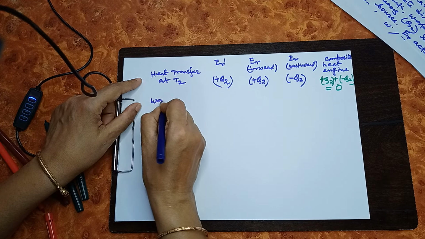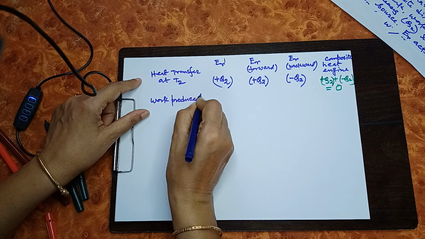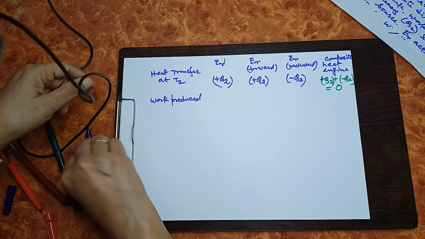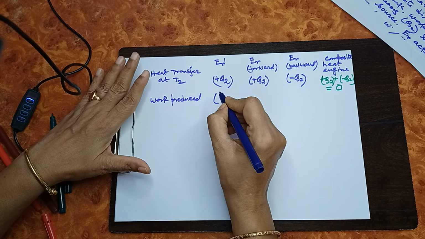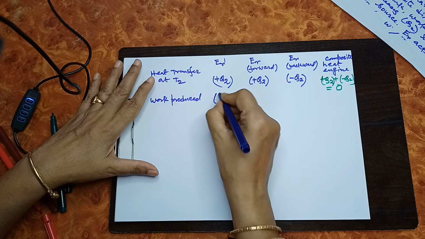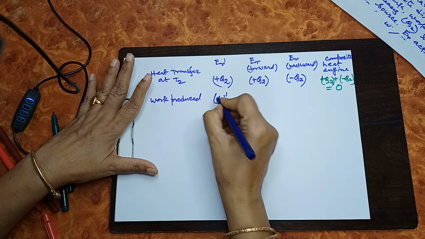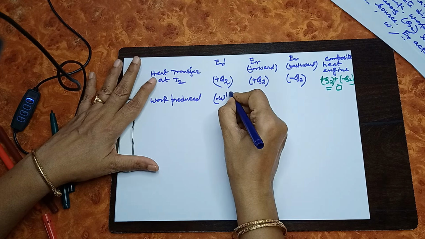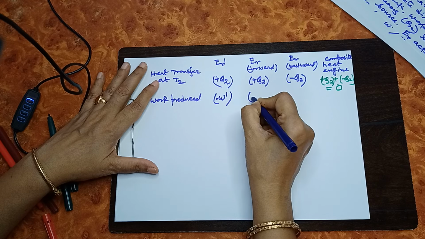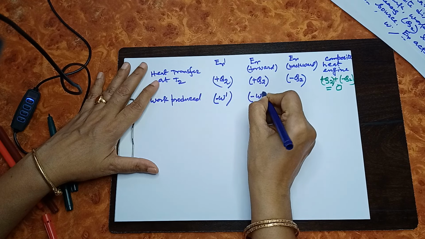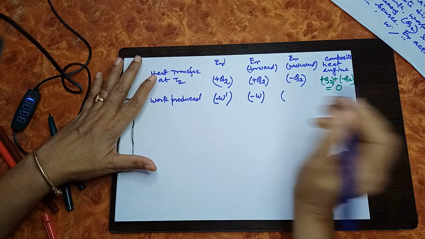Now come to work produced. Here it is producing work, meaning work is done by the system. So W dashed, already I took it as W dashed, and this W dash sign will be negative. Okay. And ER, if it works in the forward direction, then it produces work W. But in the backward direction, work is done on it.